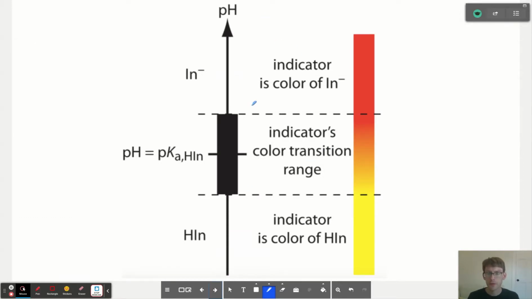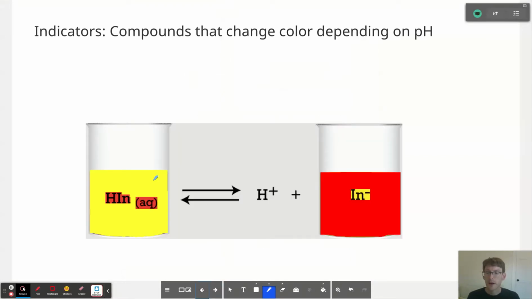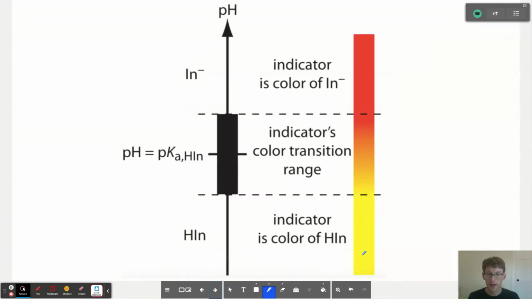So let's just go through this image here and try to break it down. Let's say that we have an acidic solution, and there's the indicator in it, like here. We know that the protonated form of the indicator is prevalent and that is yellow.